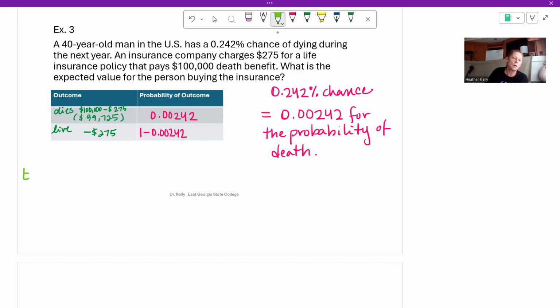So our expected value on our investment of buying insurance, that's really this, the expected value of the investment of buying the life insurance.